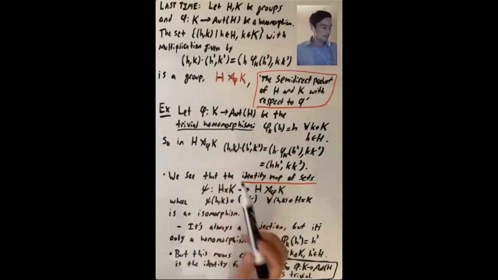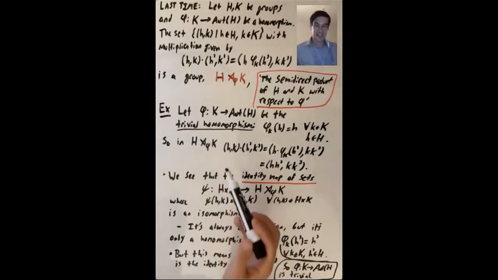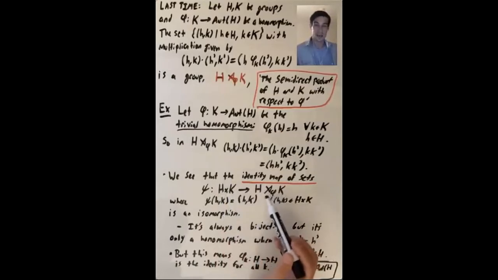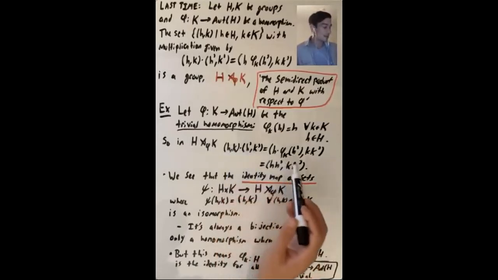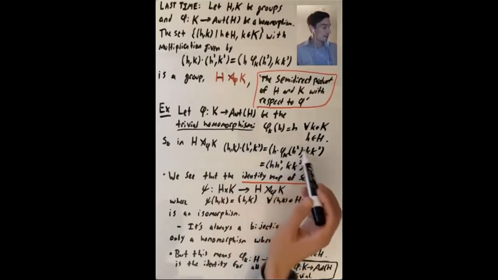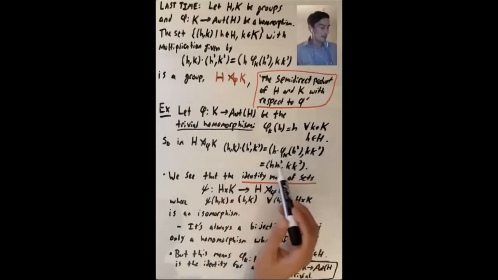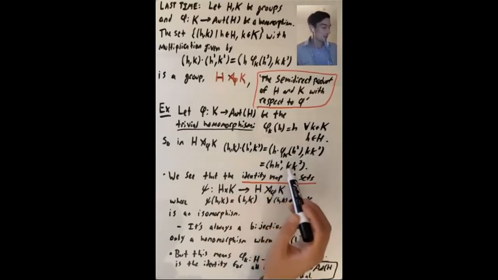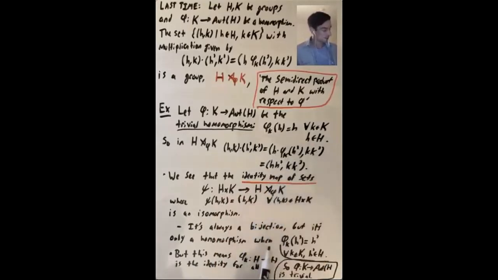Well, that's just like saying that the multiplication on the left side and the multiplication on the right side need to match up. And on the right side, we're going to need this h times phi_k of h', k k', to be the same as h h', k k'. So this is only a homomorphism when phi_k of h' equals h' for any k in the group K and h' in the group H. But what does that actually mean?